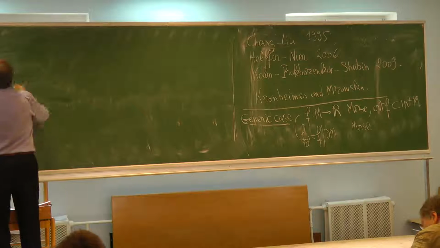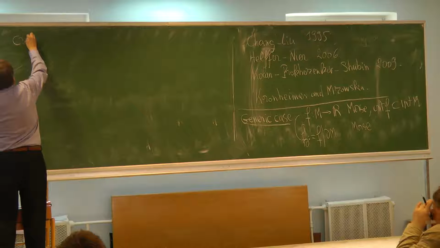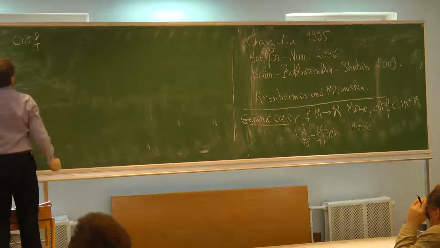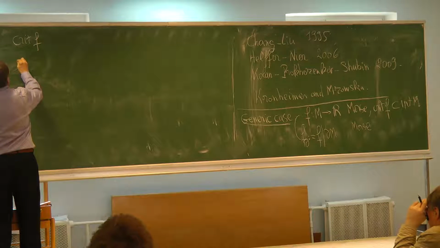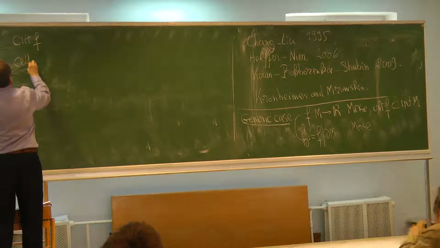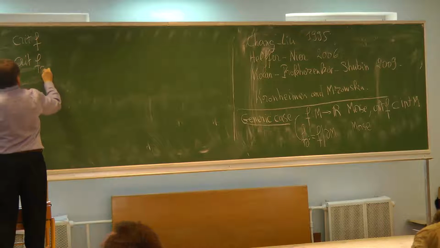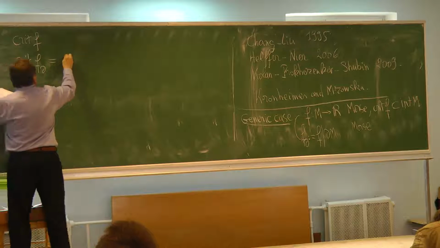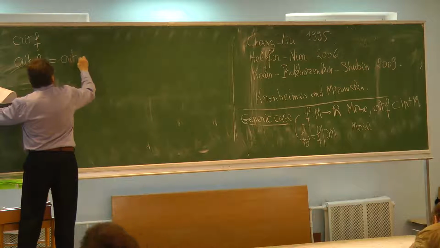Of course, we have crit of F, and the critical points of F∂ are a union of two types of critical points.